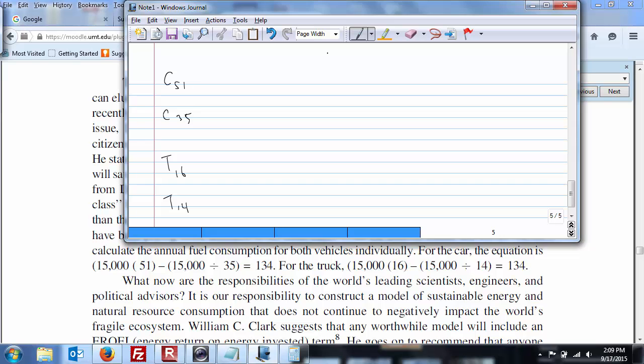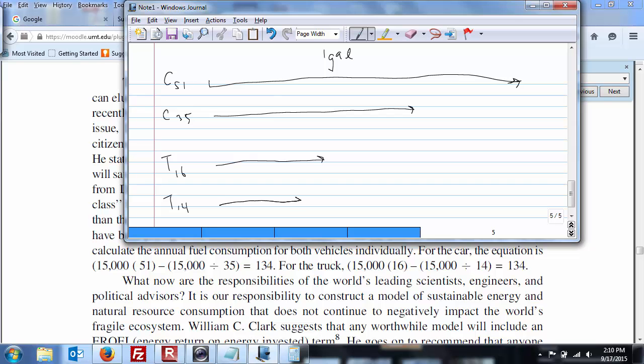Now, let's just say I give them each 1 gallon. Try to write backwards here. 1 gallon. That car is going to go 51 miles. This guy is going to go 35. The truck is going to go 16, and the worst fuel efficient one is going to go 14. So that's how far each one of these vehicles will go with 1 gallon of fuel.